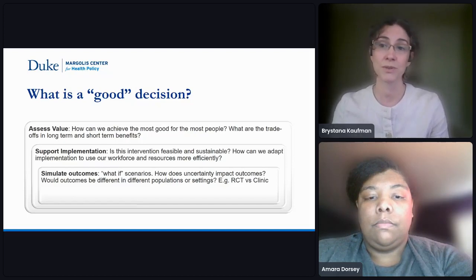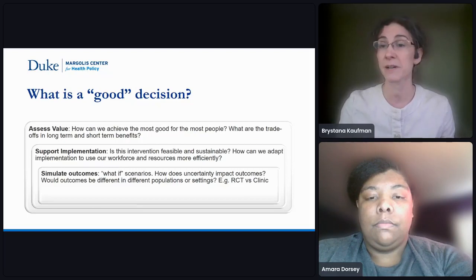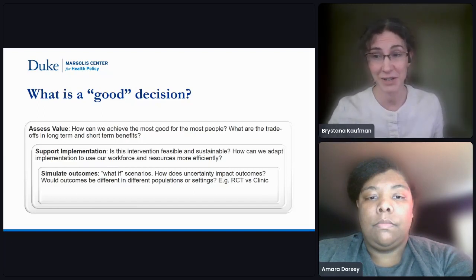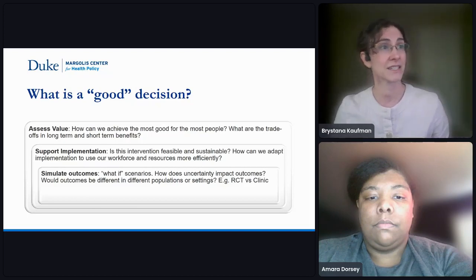So we can use these cost tools to look at those benefits in the future and include those in our analyses in a way that a randomized control trial may not be able to do due to shorter time periods in that assessment.